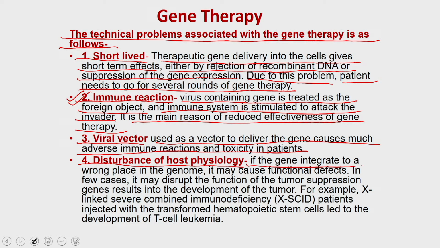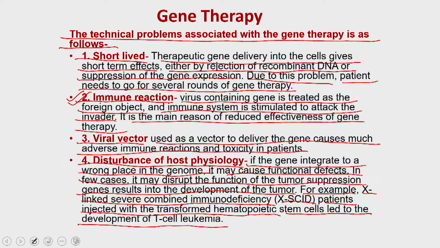If the gene integrates into a wrong place in the genome, it may cause functional defects. In a few cases, it may disturb the function of tumor suppression genes, resulting in the development of tumors. For example, X linked severe combined immune deficiency (XID) patients injected with transformed hematopoietic stem cells developed T cell leukemia.